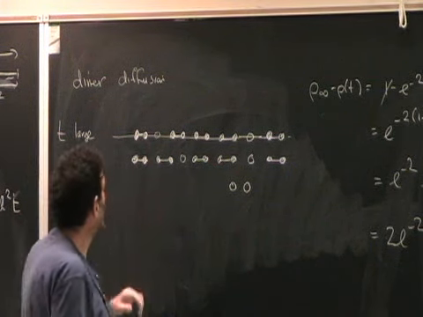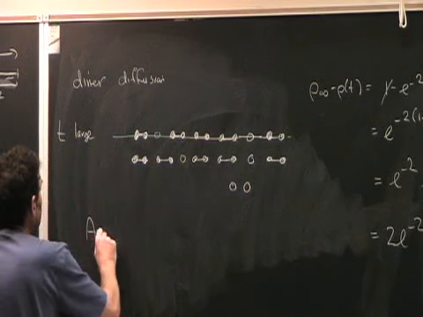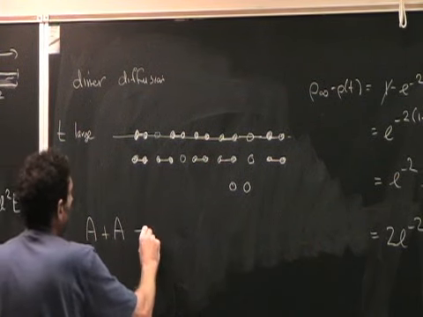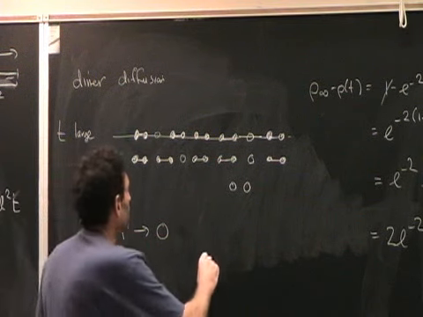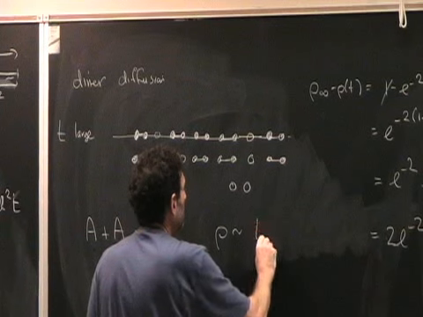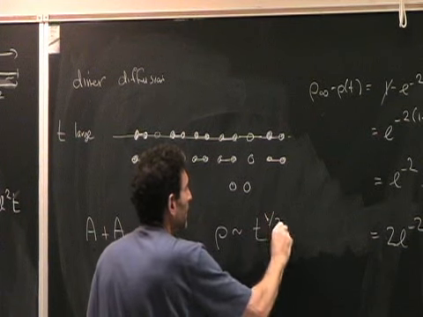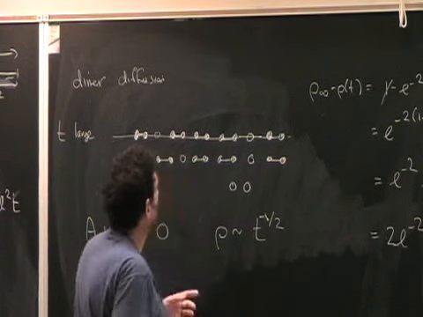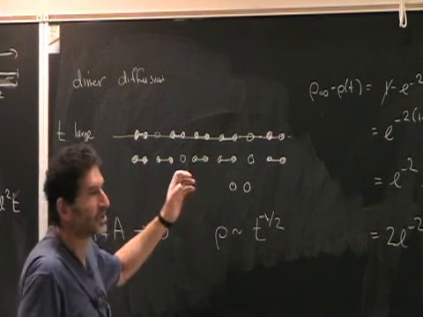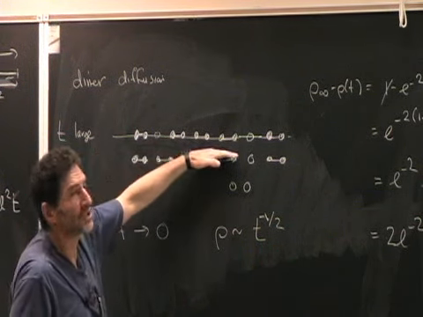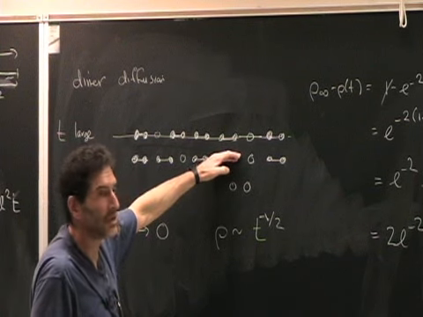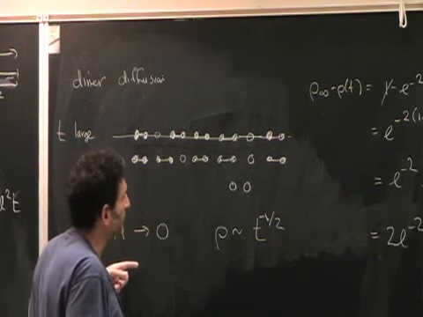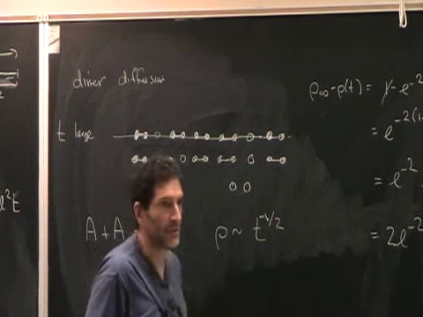And so this is nothing more than a realization of this 2-body bimolecular annihilation scheme, A plus A going to nothing, for which the density decays as t to the minus 1/2. So once I reach this large time state where everything that can absorb has absorbed, and I'm reaching this density of 1 minus e to the minus 2, then it approaches 1 with this power law tail to it.